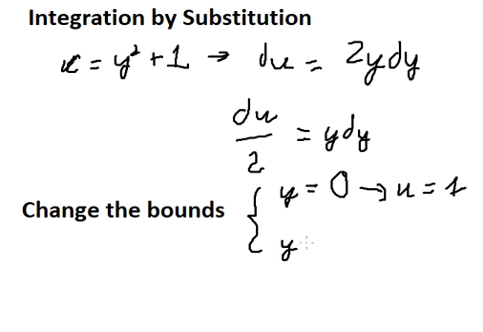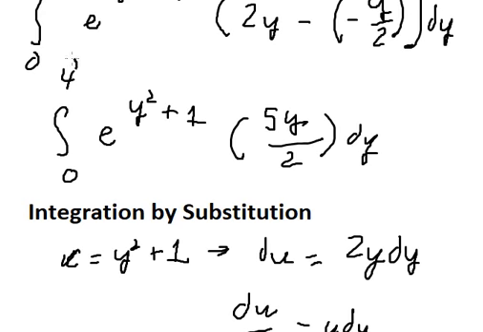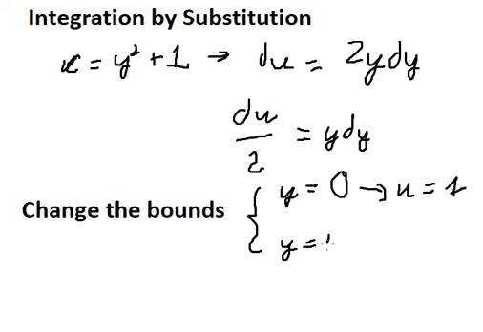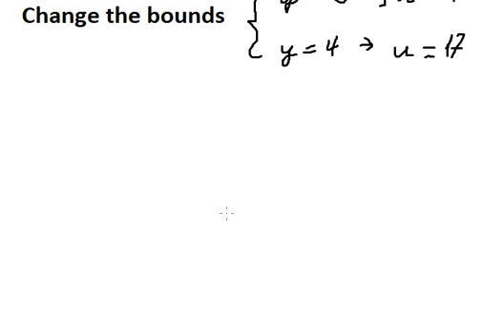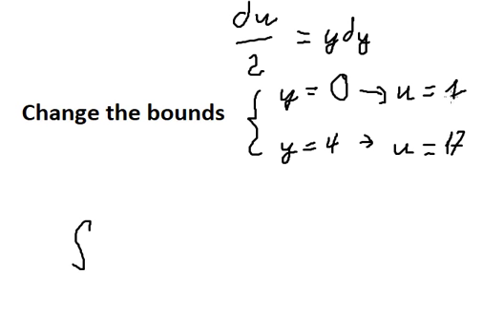When y equals 4, we put 4 in here, and you get 17, because 4 to the power of 2 you get 16, 16 plus 1 you get 17. So the new bounds should be from 1 to 17.